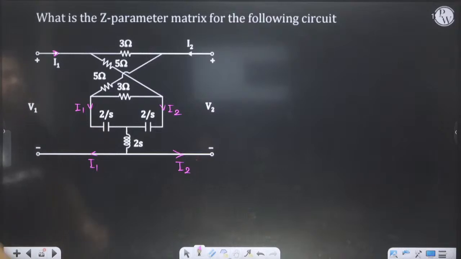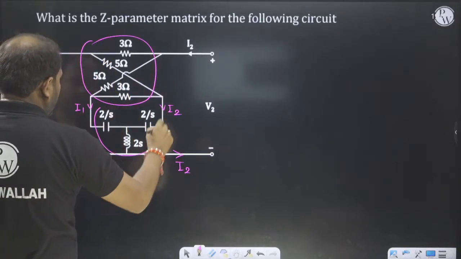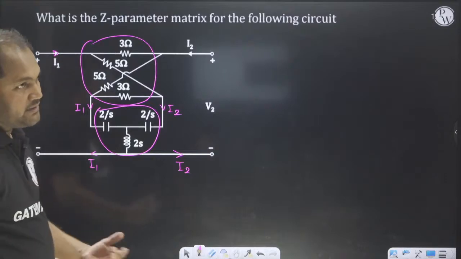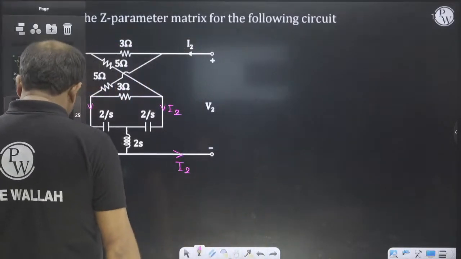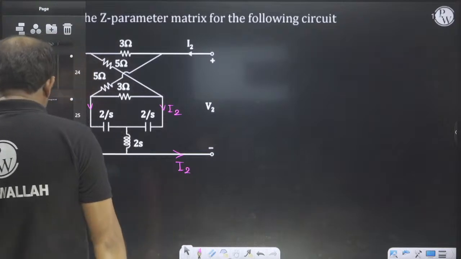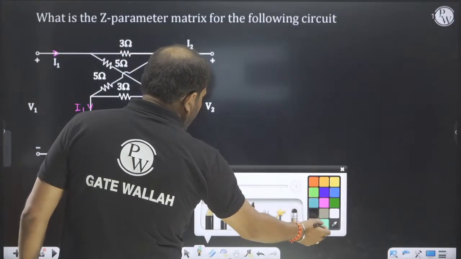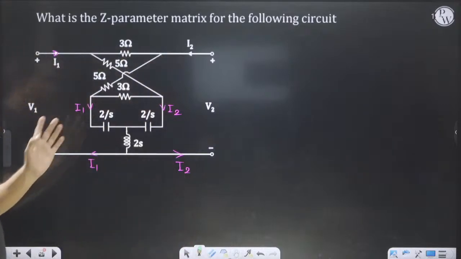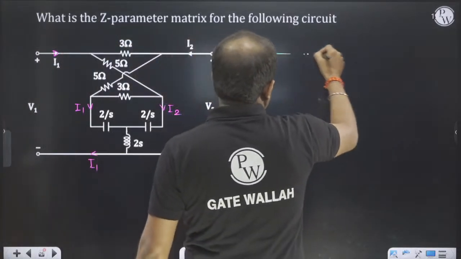Then they have one lattice network and one T model. For the lattice network and T model, you should know the lattice model and T model z parameters. If you know those, you can easily calculate the value. First of all, what is ZA?